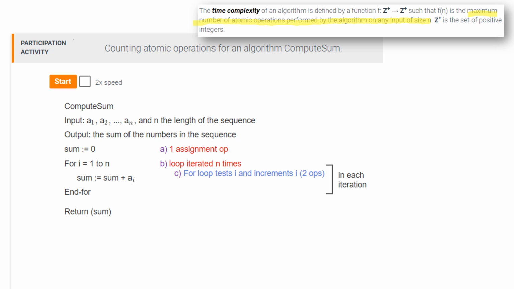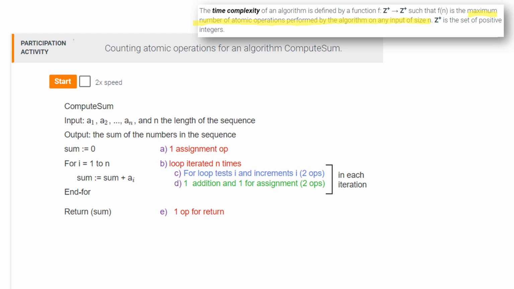Then inside the loop, we've got sum equals sum plus a sub i, and that would involve 2 operations because we're adding sum plus a sub i, and then assigning that to sum. So an assignment operation plus an addition operation, that would be 2 of them. Then at the very end, we have return sum. That would be 1 operation there.